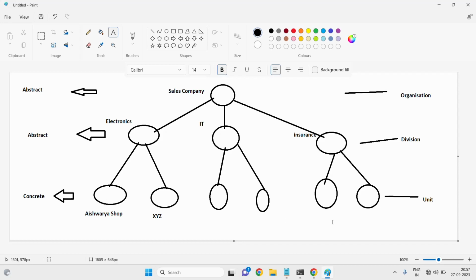Okay, all the business-level transactions should start and end at the unit level only.